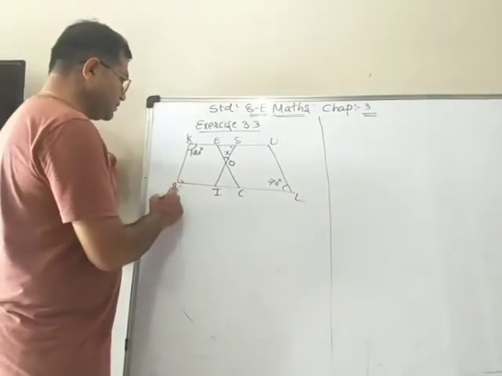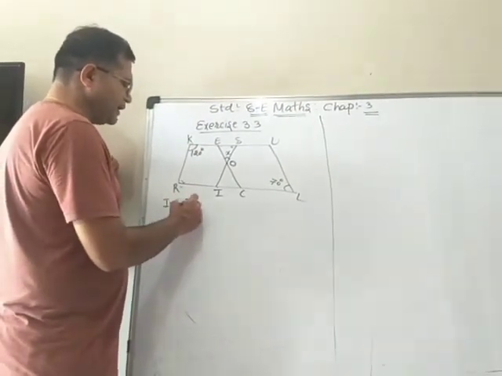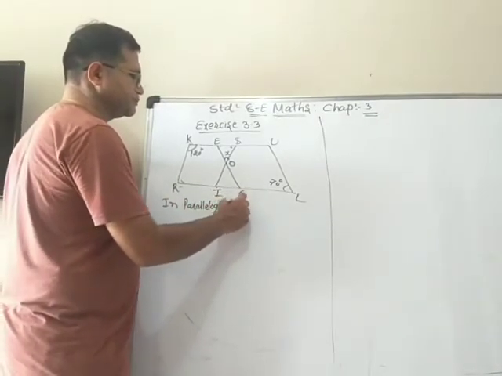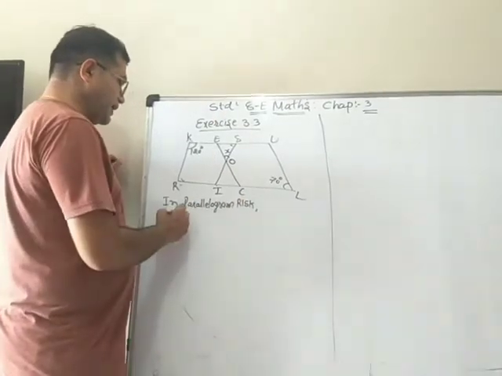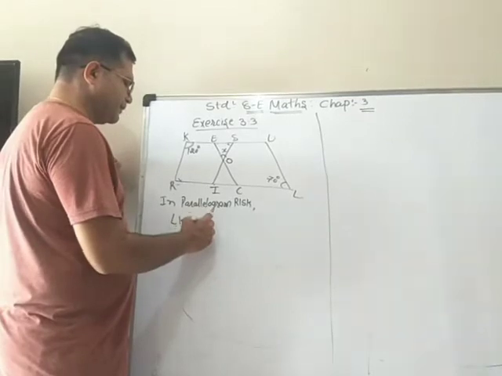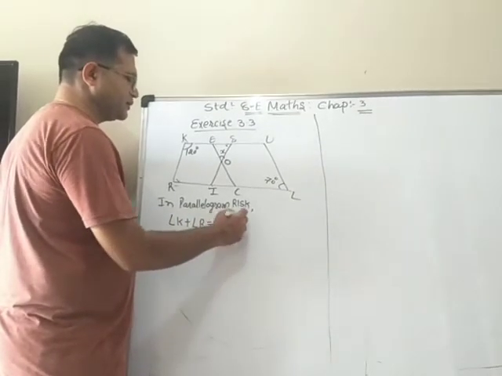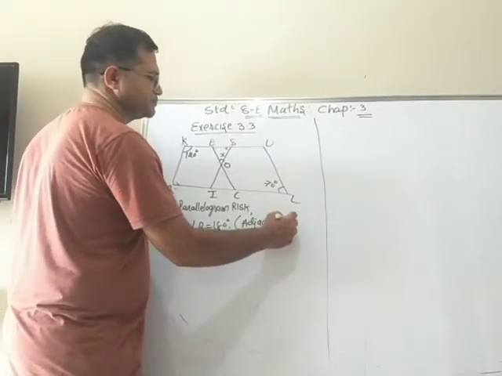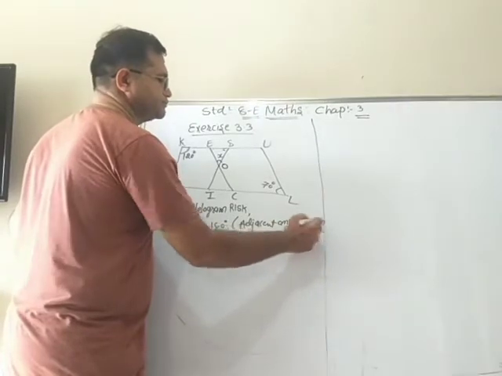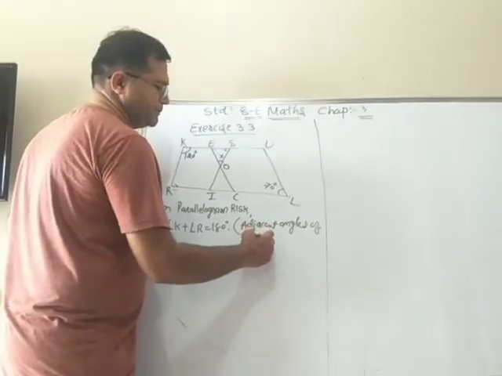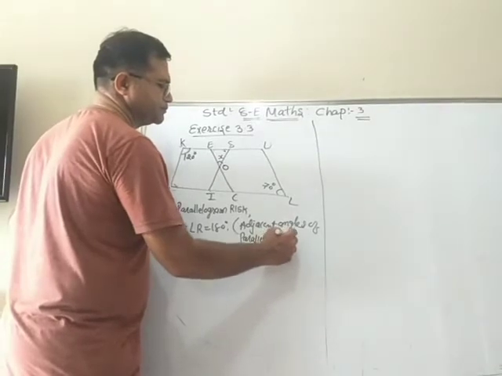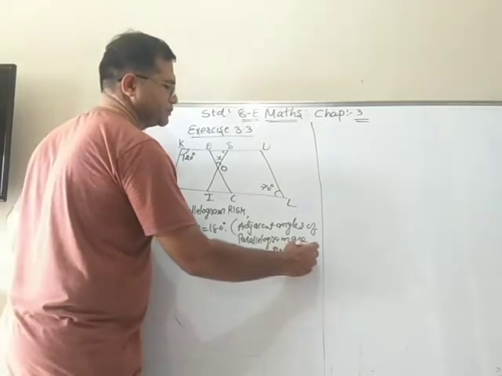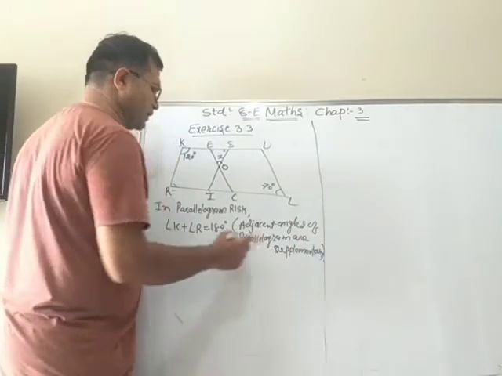So now in parallelogram RISK, angle K plus angle R is equal to 180 degree. You can write down, adjacent angles of parallelogram are supplementary. Means sum of them is equal to 180.